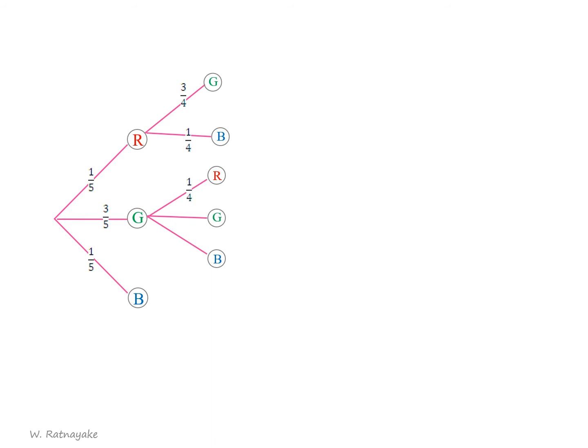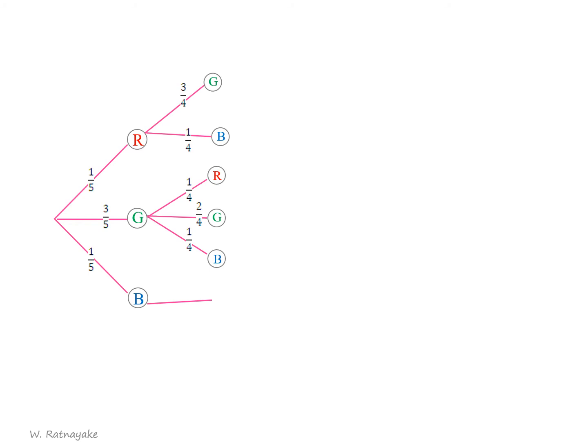Now again we have to think about, if the first cube was blue, what will happen to the second one? If the first one is blue, then the remaining cubes in the box are 1 red cube and 3 green cubes. Therefore there are only 2 possible outcomes.